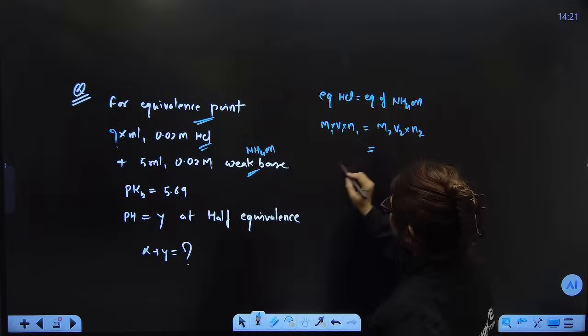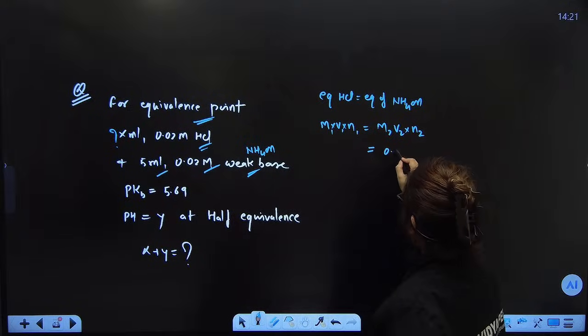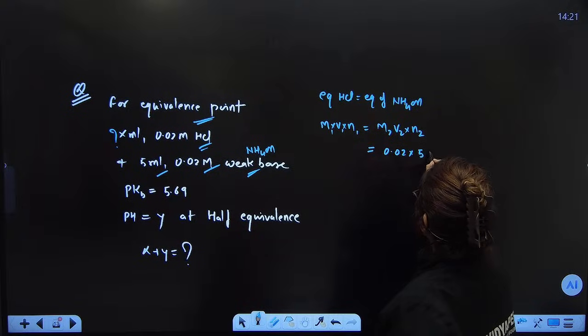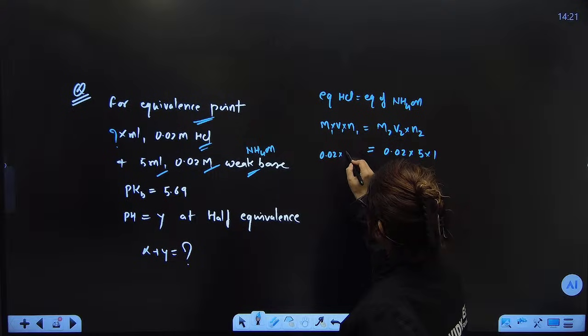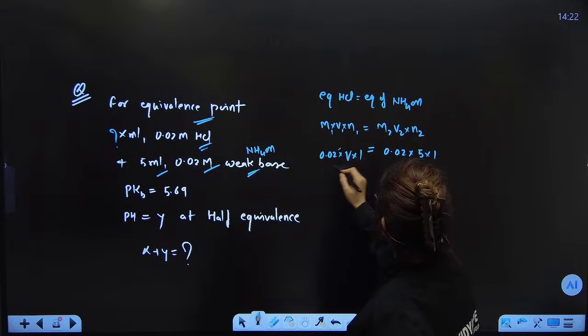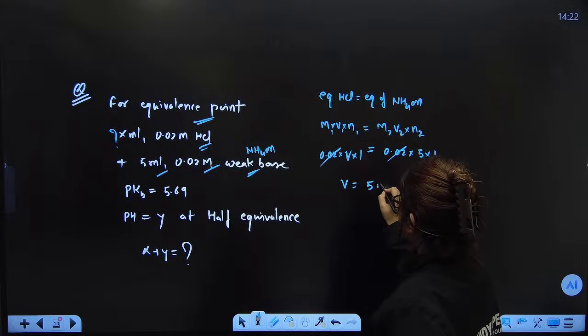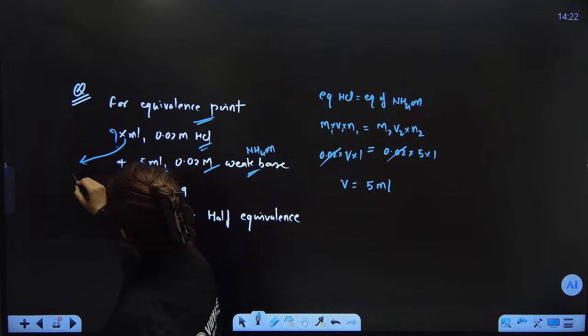Here the molarity and volume is given for the weak base, that is 0.02 into 5, N factor is 1. Here the molarity is 0.02, volume is not given, which is X basically, and the N factor is 1. So we got it, volume is 5 ml. It's nothing but the X value, this X value is 5 ml already.